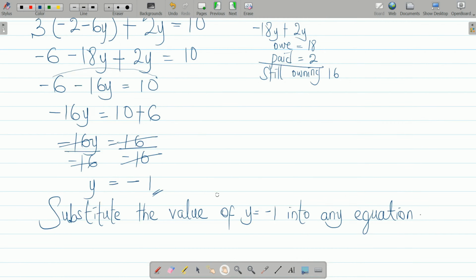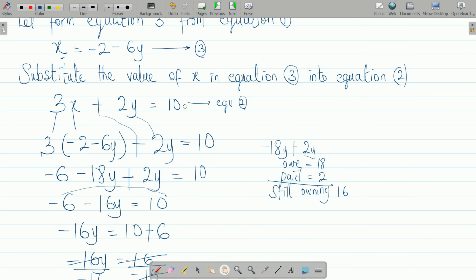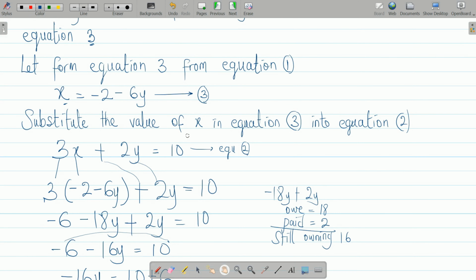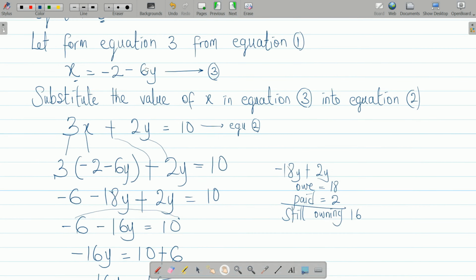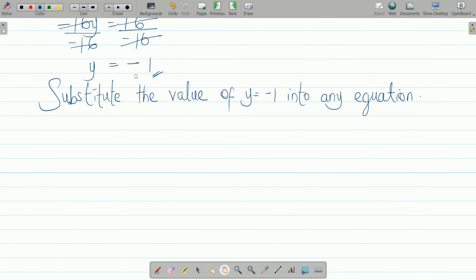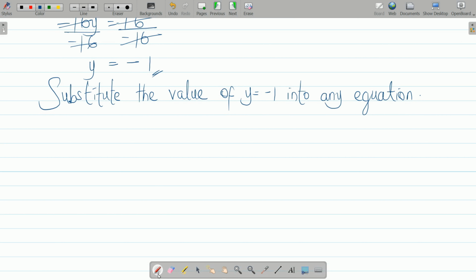However, I personally think equation 1 is better for me to easily get my answer. x plus 6y equals minus 2.